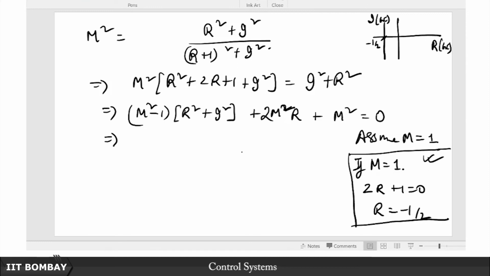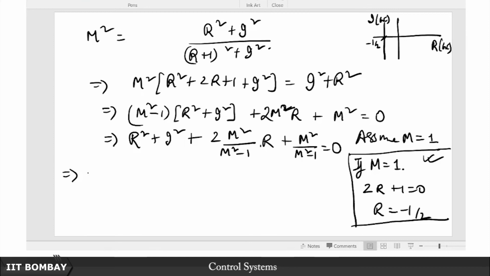So let us say m is not equal to 1, then what can we write? We can write r squared plus I squared, and we can divide throughout by m squared minus 1, plus 2m squared upon m squared minus 1 times r plus m squared upon m squared minus 1 is equal to 0. So let us use the same trick of completing squares.